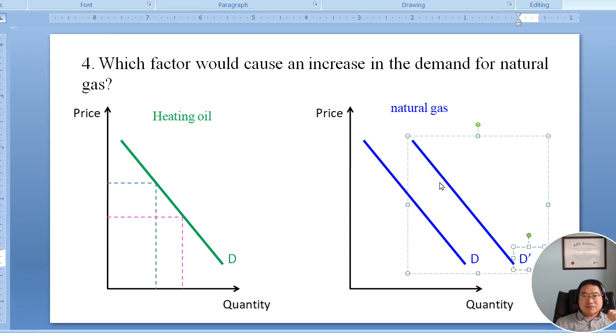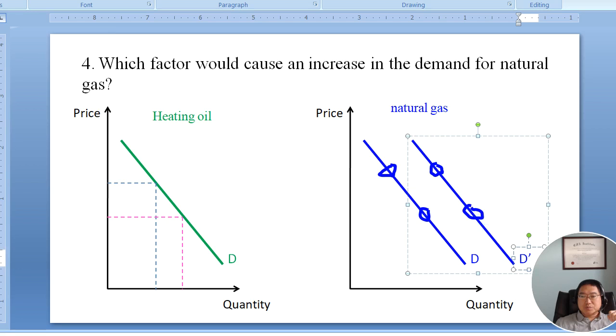When the demand for natural gas becomes higher, this is a whole movement. It doesn't matter higher price, lower price. At each price, the quantity demanded is higher.